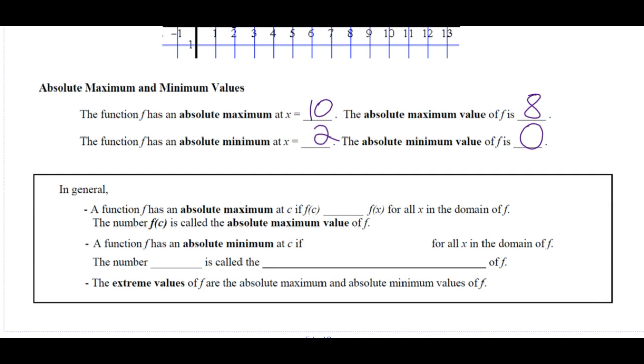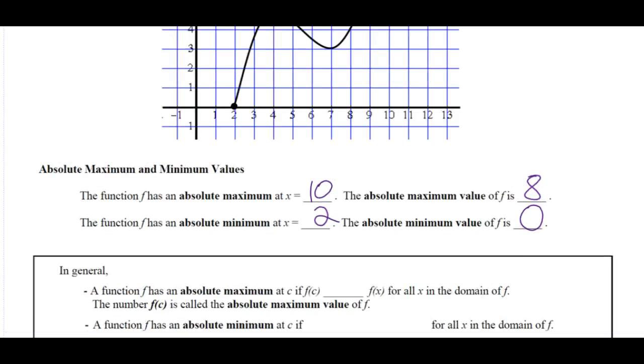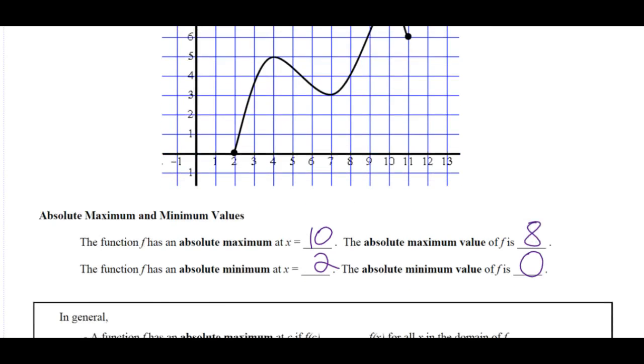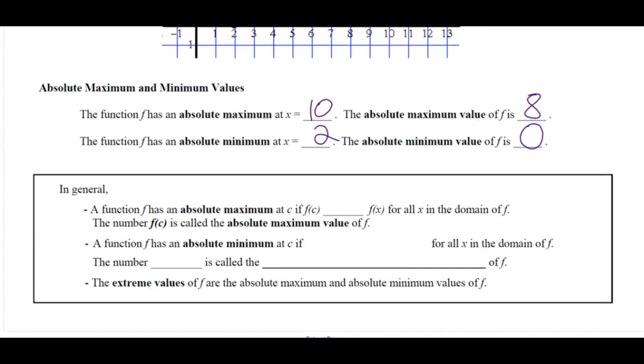In general, a function f has an absolute maximum at c if f of c is what? What's going to make it the biggest? We'll say greater than or equal to.